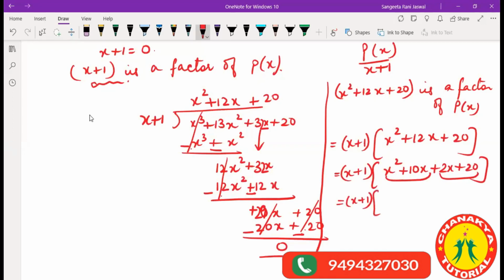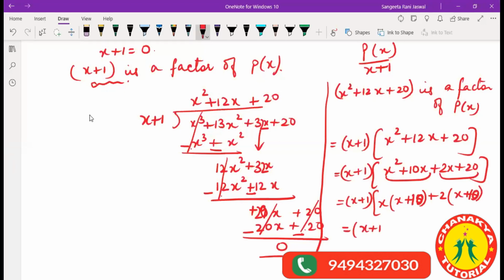From here I can take out x, x plus 10. And here I can take out 2, x plus 10. Ma'am, it's x plus 10 in the first one. Yes, it's x plus 10. Right, children?